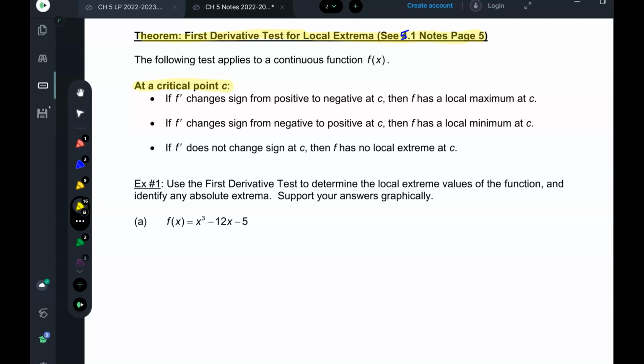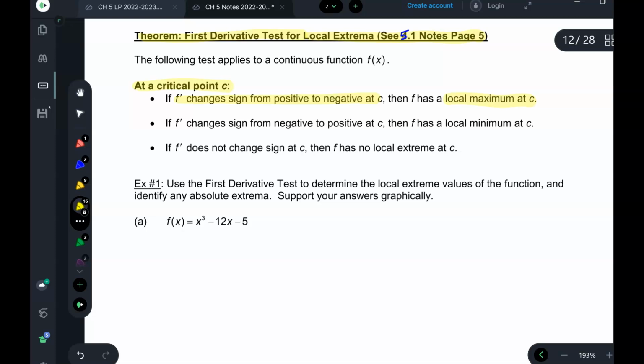Critical points are where the derivative is equal to 0 or where it's undefined, okay? Now, where it changes from positive to negative, that's a local maximum. Remember where we did increasing and decreasing? We did the arrows and the plus minus. If it goes from positive to negative, we have a maximum.